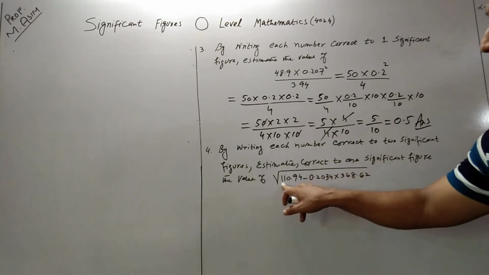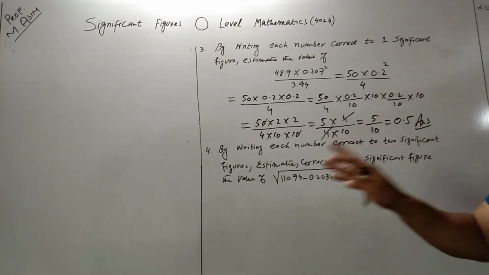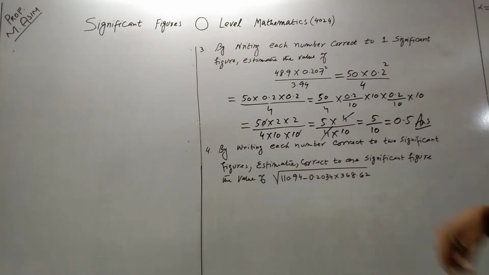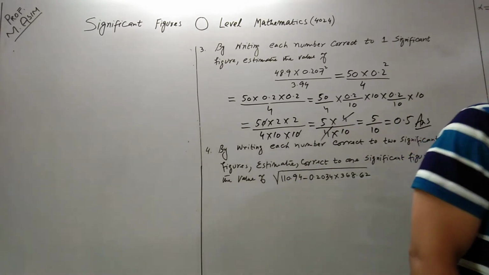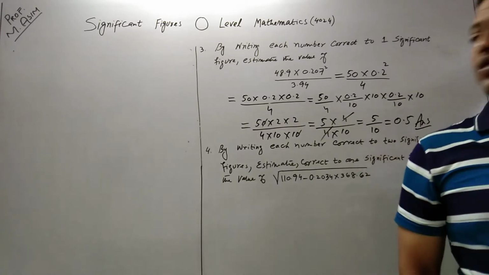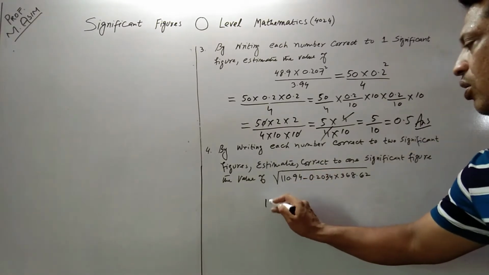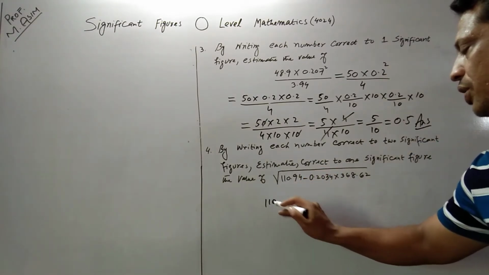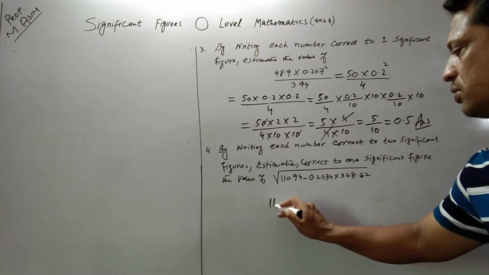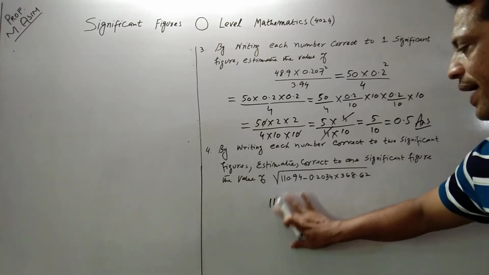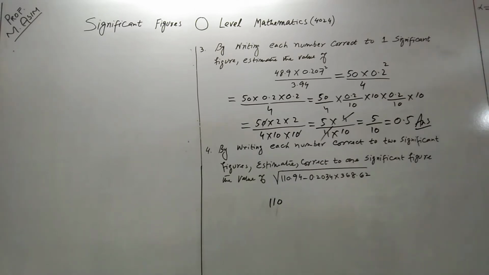So 110.94 has 5 significant figures. 110.94 becomes, in 2 significant figures, only 1, 1, 0, because this 0 has no significance.